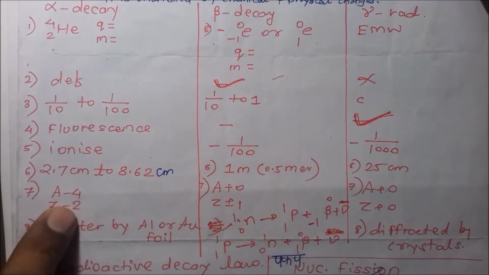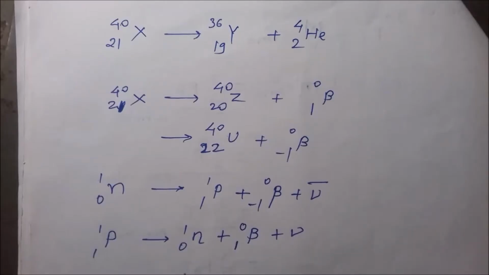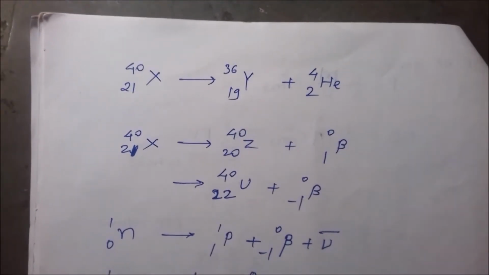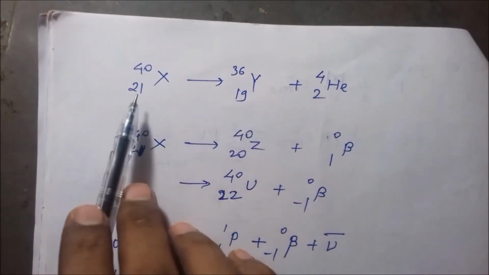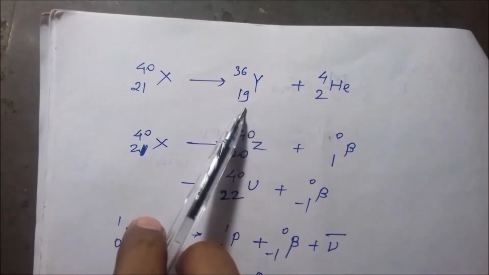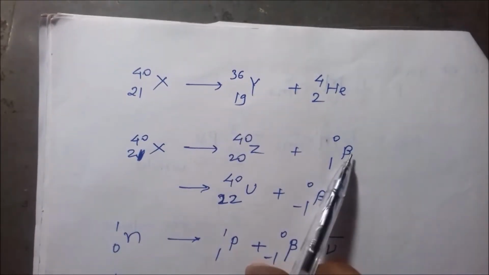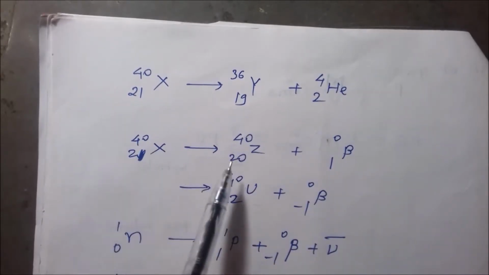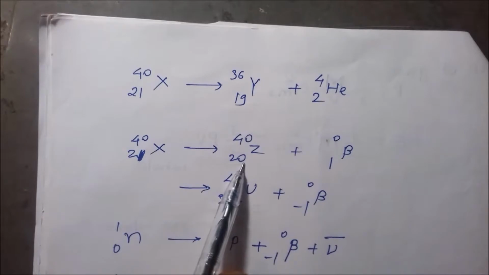Then, when an alpha particle is emitted, A decreases by 4 and Z decreases by 2. When a positron is emitted, A remains the same, Z decreases by 1.